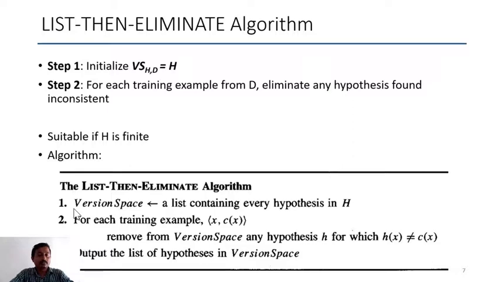We initialize the version space to a list containing every hypothesis in H. The second step is, for each training example, remove from the version space any hypothesis H for which H of x does not equal C of x, meaning the hypotheses which are not consistent. And finally we output the list of hypotheses in the version space.